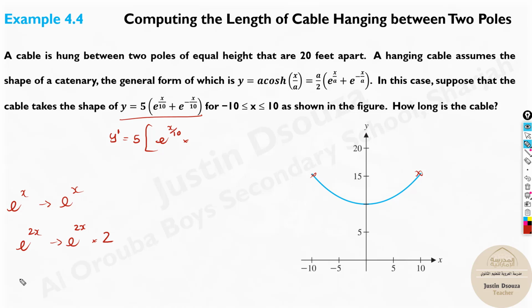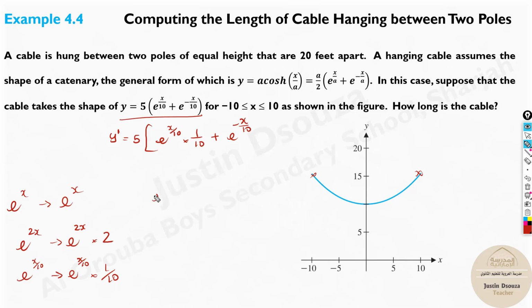Now here, instead of e to the power x, we have x by 10. So it will be e to the power x by 10 multiplied by 1 by 10. Why is this? Because the derivative of x is 1 and this is a constant. So we will have 1 by 10 plus, and now the same thing happens with e to the power minus x by 10.